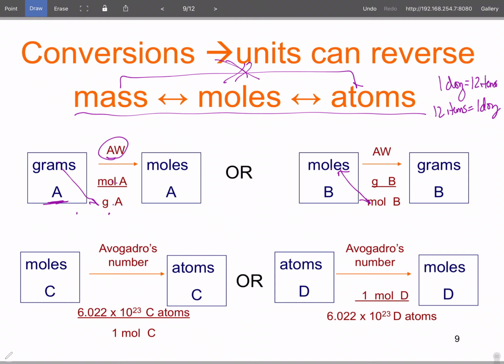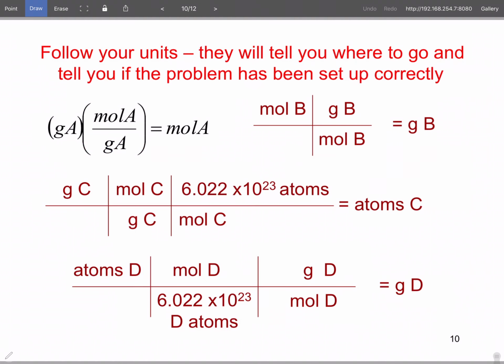If we're going to atoms, then if we start with moles, we use Avogadro's number, and again, we need the moles on the bottom and the atoms on top to give us the atoms that we need. If you're starting with atoms and going to moles, then you'll notice the atoms are on the bottom. And again, you can flip this either way as long as you keep Avogadro's number, 6.022 times 10 to the 23rd, with the atoms. Okay?